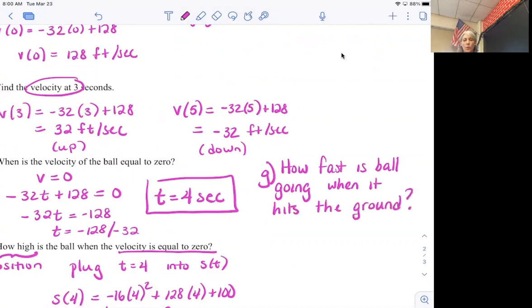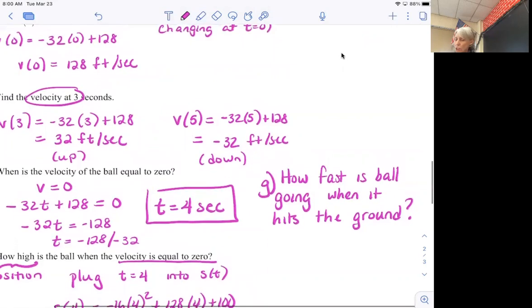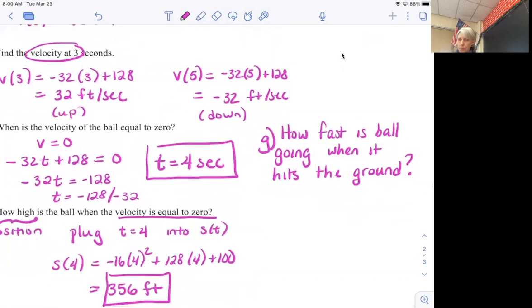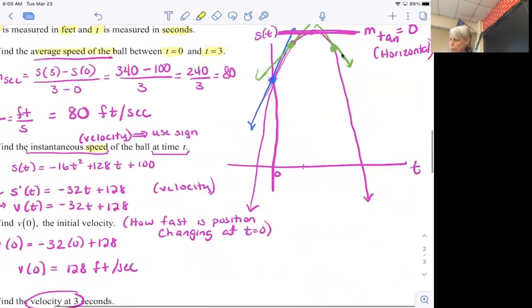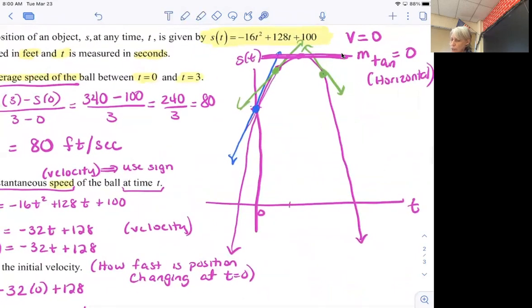In other words, what is the velocity of the ball when it hits the ground? So we need to find out when it hits the ground. Look at your picture. When does this ball hit the ground?